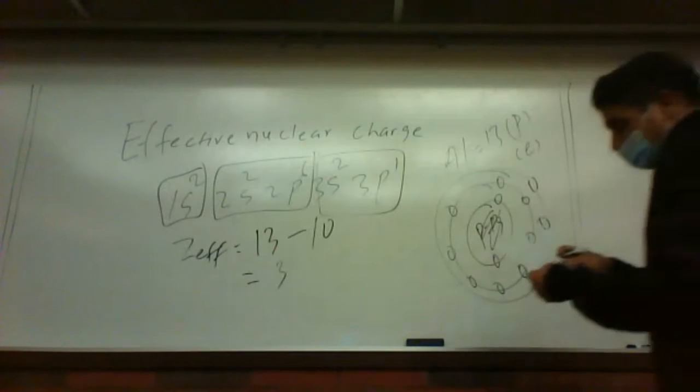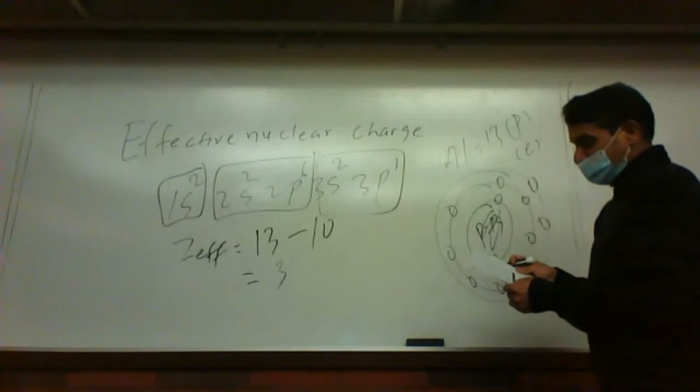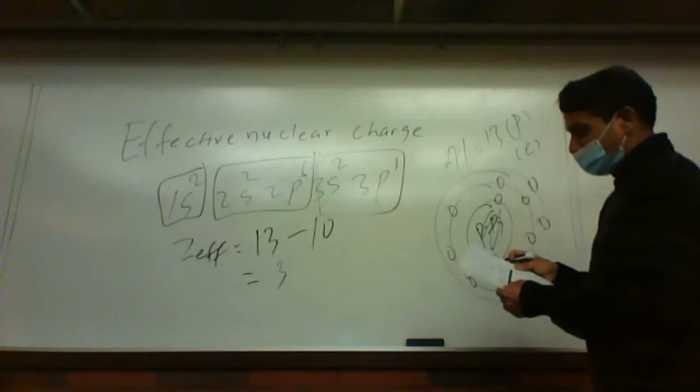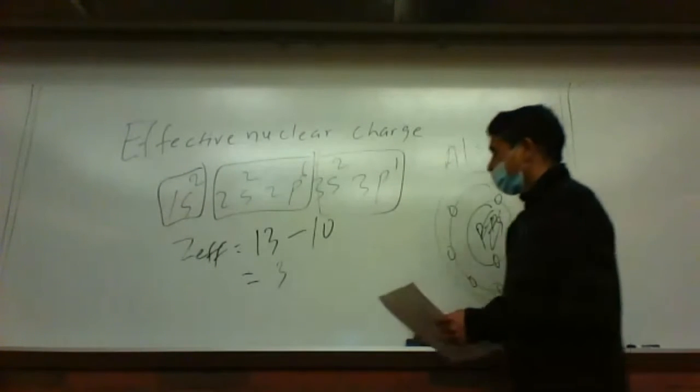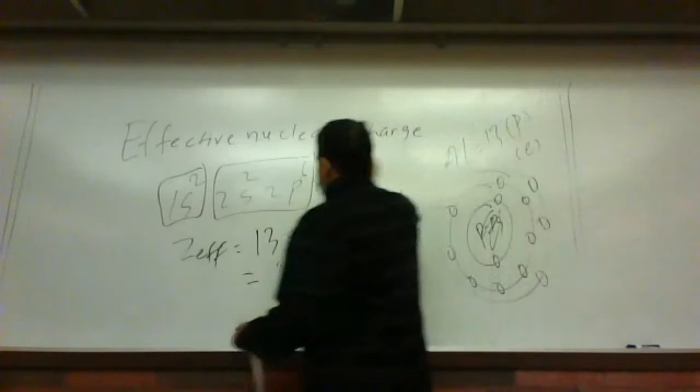Good. In the next one, I wrote silicon. Silicon is 14, but mistakenly I wrote 13p there. That's not 13p, that's 14p. So let's look at silicon.